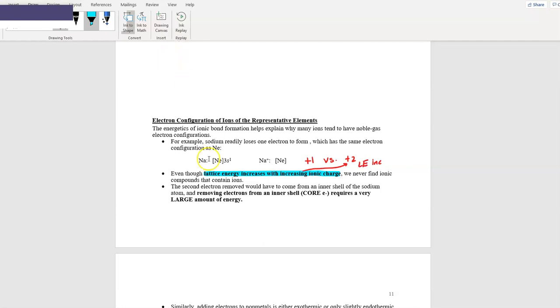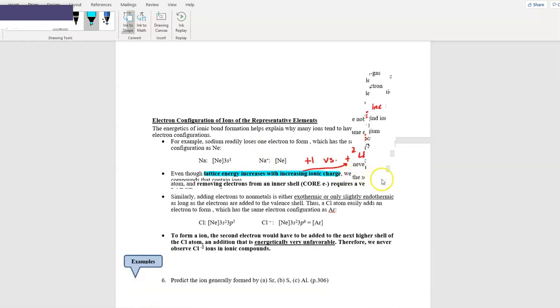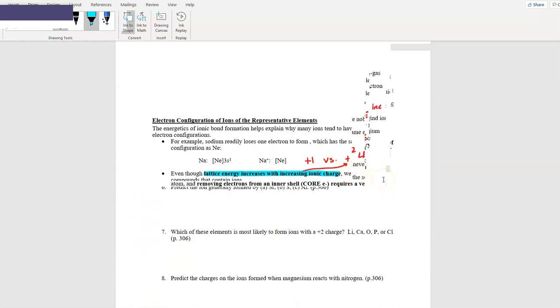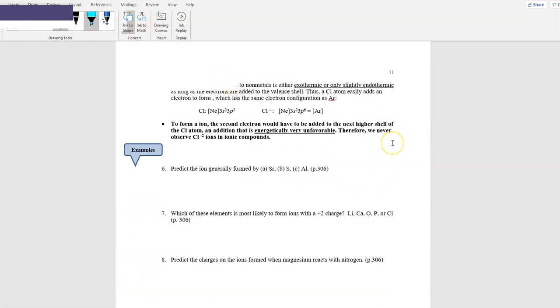Okay. The second electron removed, so I'm looking at sodium, comes from an inner core electron. And we already know with ionization energy, if you take a core, you need a lot of energy. Okay, we've already done these, ladies and gentlemen. I don't think we need to beat this to death.